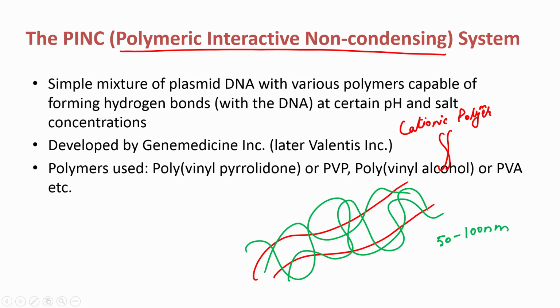But in this system you are not looking to get these complexes. So, these are complexes. In the PINC system you do not want complexes. What you are doing is using polymer as more of a bulking agent.